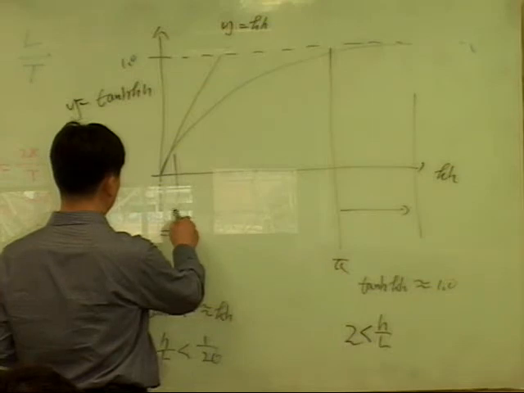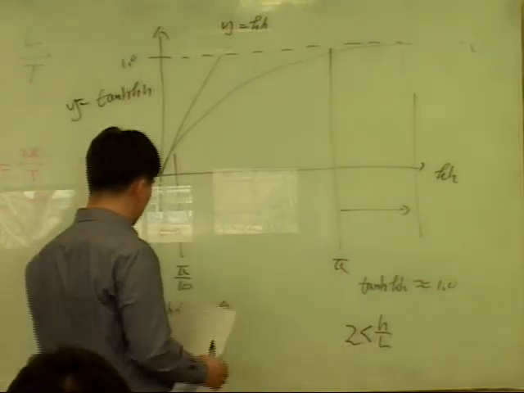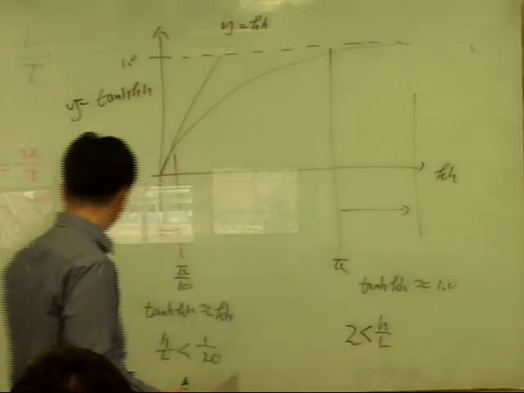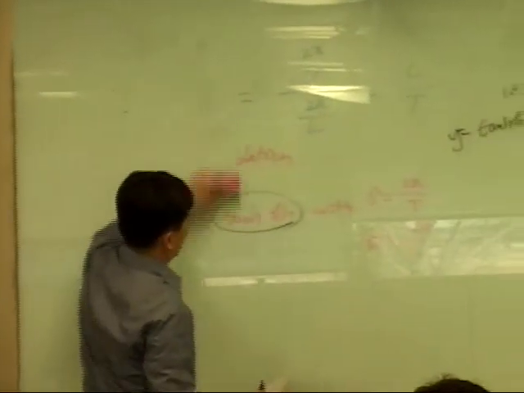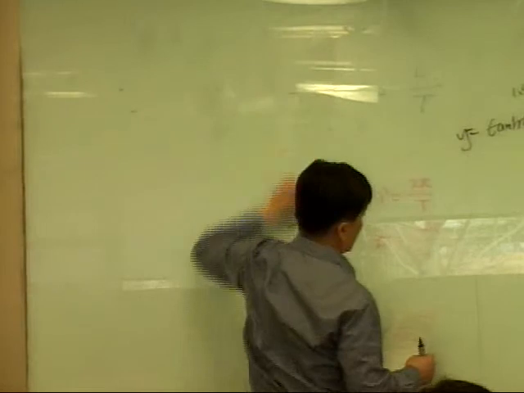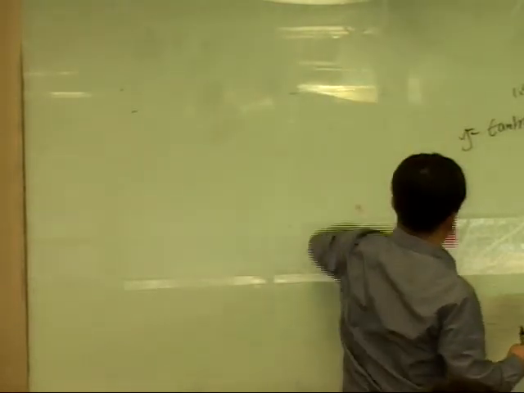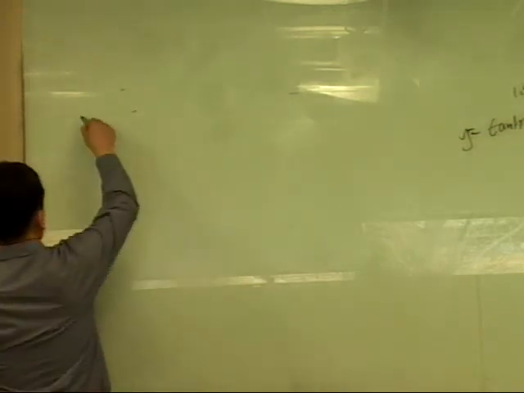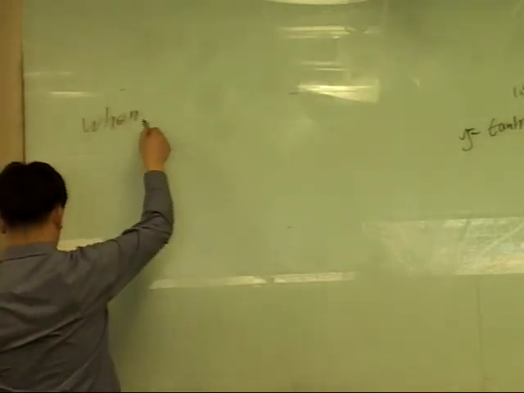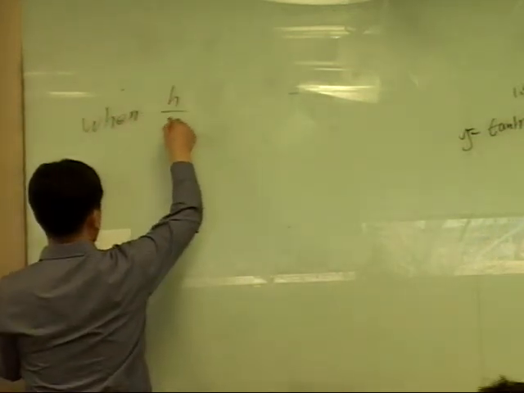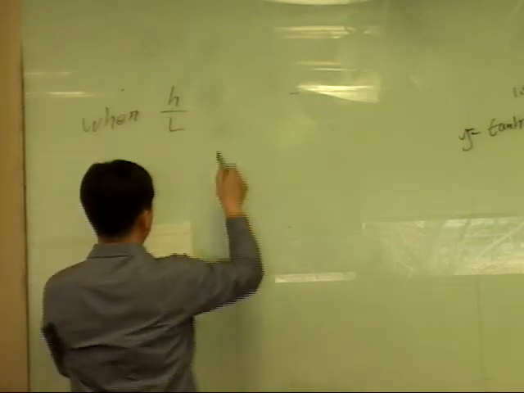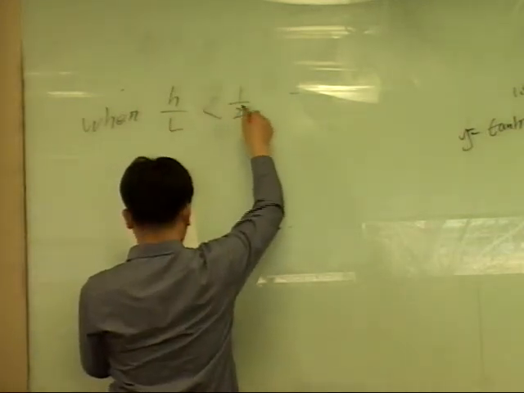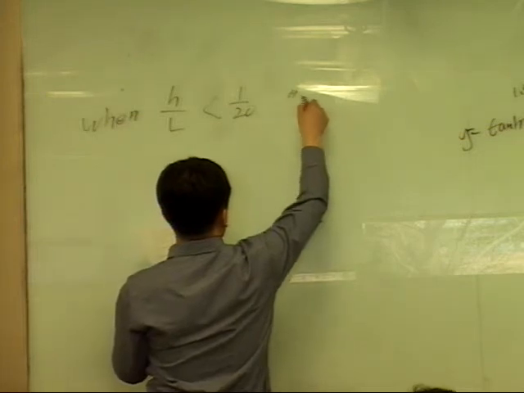So let's think about these two cases. When h over L is 1 over 20, and when h over L is more than 2. When h is water depth and L is wavelength, and h over L is 1 over 20, we are saying this is shallow water.